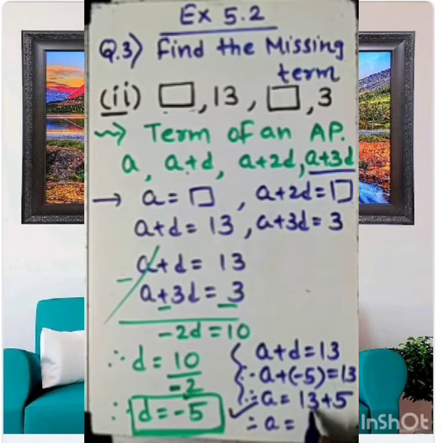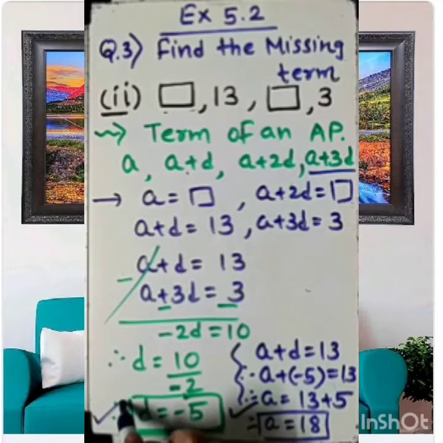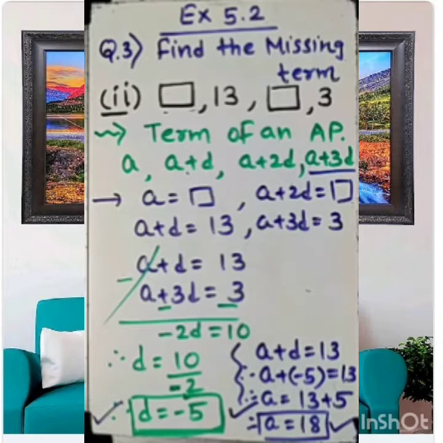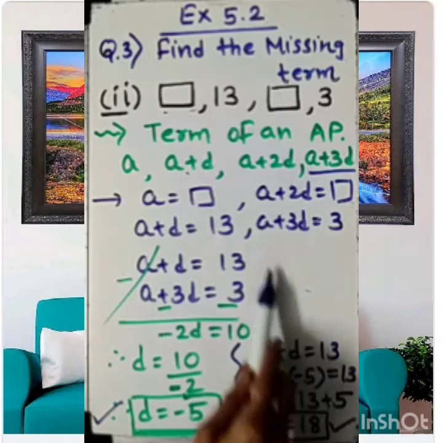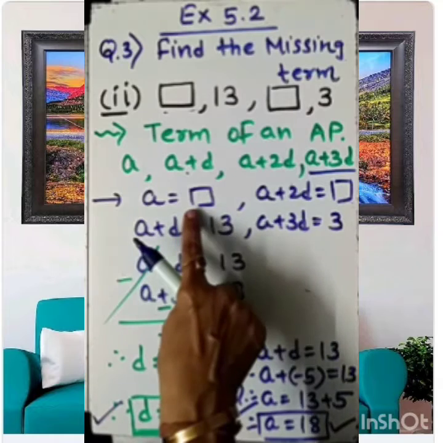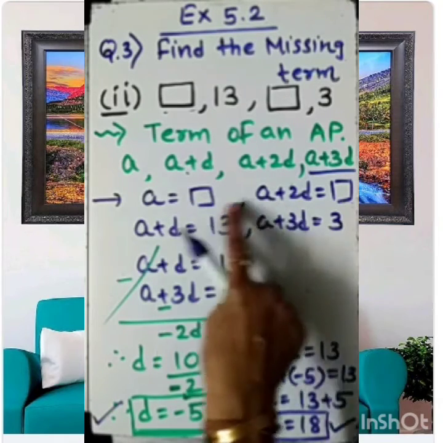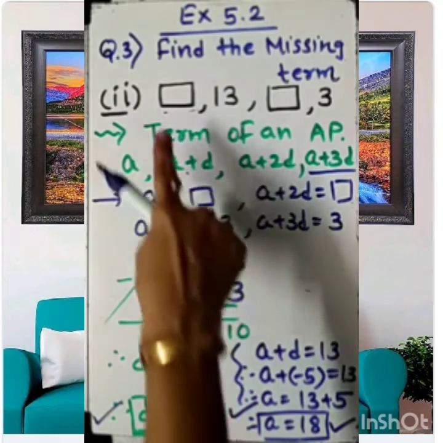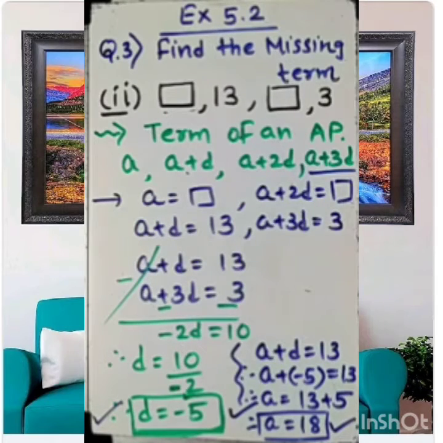So the value of a will be 13 plus 5, that is 18. So, dear student, the value of a is 18. So we got two values, d equal to minus 5 and a equal to 18, through the elimination method. Now both values are available, so easily we will drop them in these two results, and then we will have the first term and the third term of the given AP. So let's work that out.